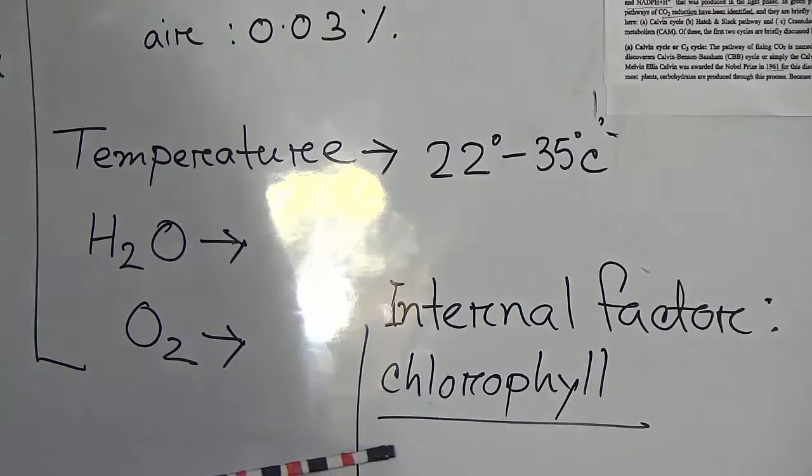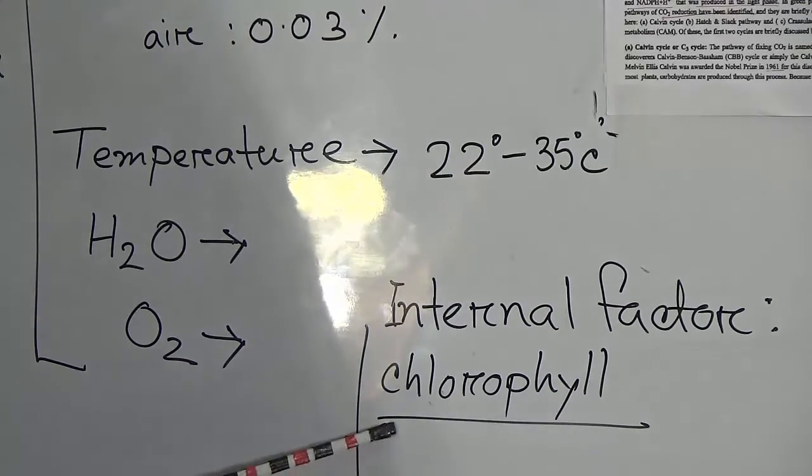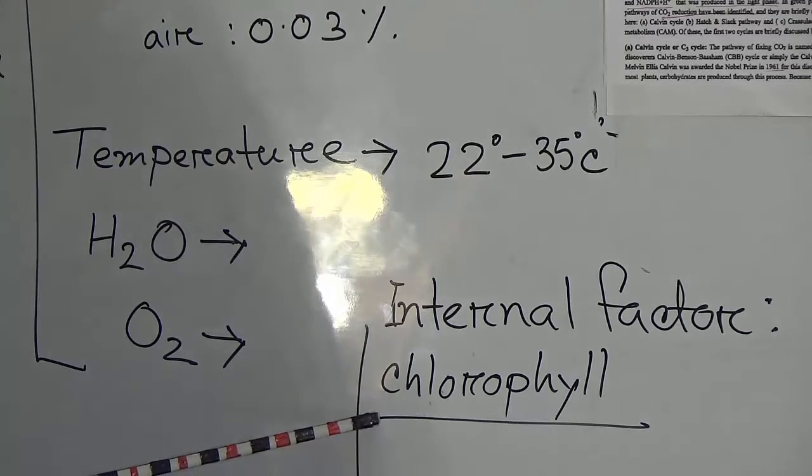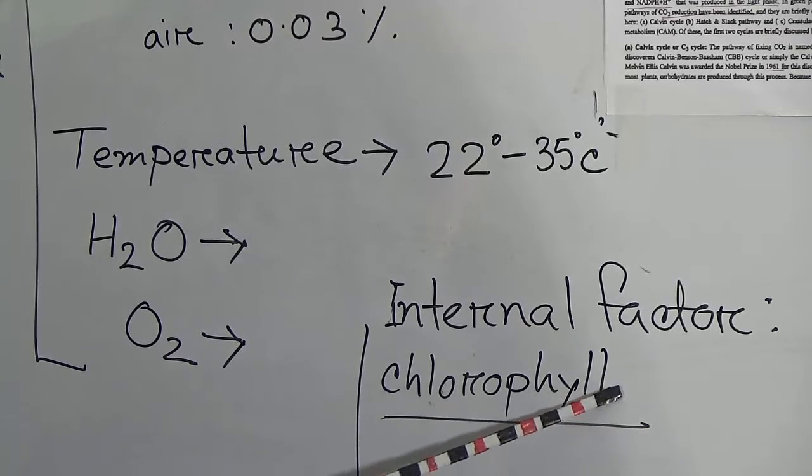That's why green plants' leaves can produce carbohydrate through the photosynthesis procedure, and this chlorophyll also depends on the plant's age. That means young leaves and old leaves both have a lesser quantity of chlorophyll than the leaves of middle age, and middle-aged leaves show more photosynthesis because of the higher quantity of chlorophyll.